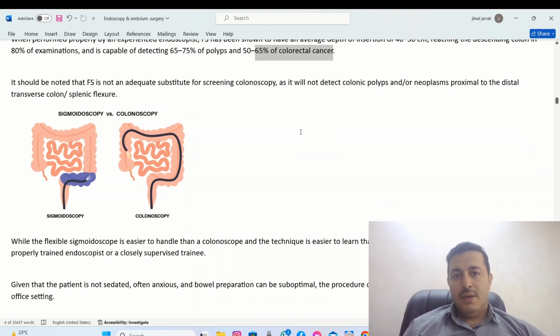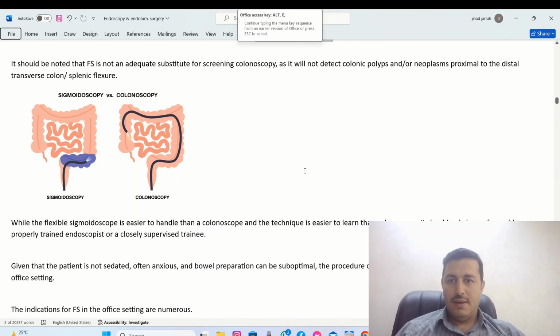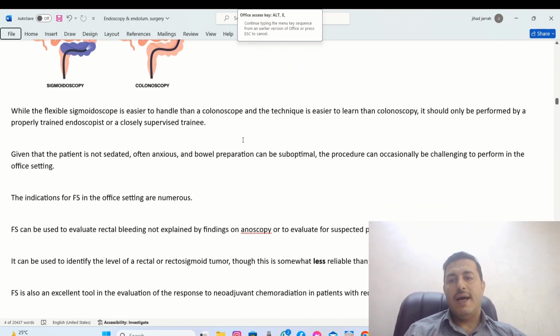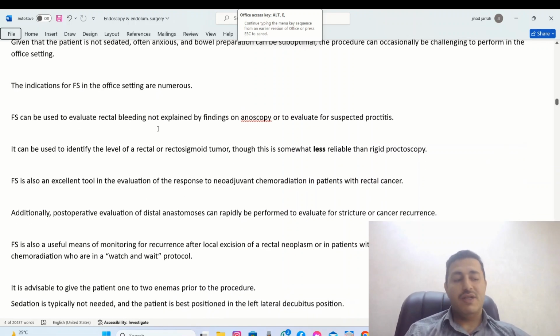So we said it's not adequate for screening. Again, when we compare it to colonoscope, it's easier to handle. About the indication of the flexible sigmoidoscopy, as a general surgeon, we love this information.